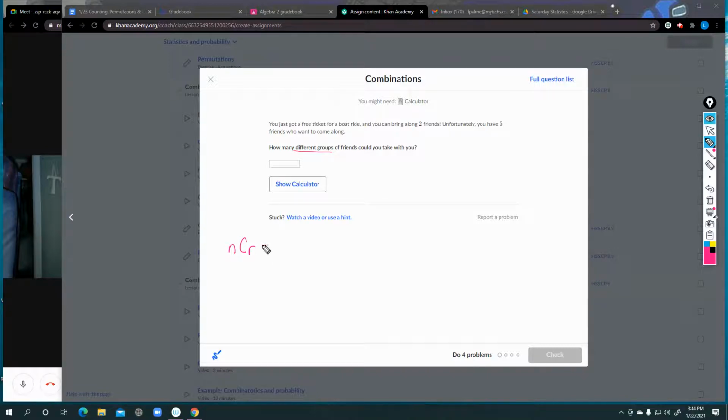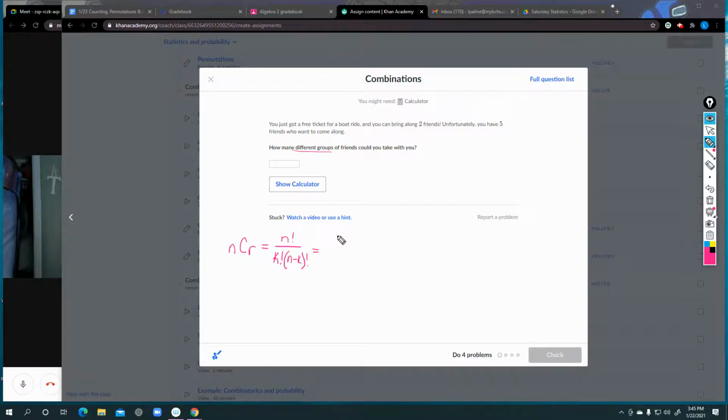And this formula, again with factorials, is n factorial, divided by the number that we want, we'll just call that k instead of r, k factorial, times n minus k factorial.